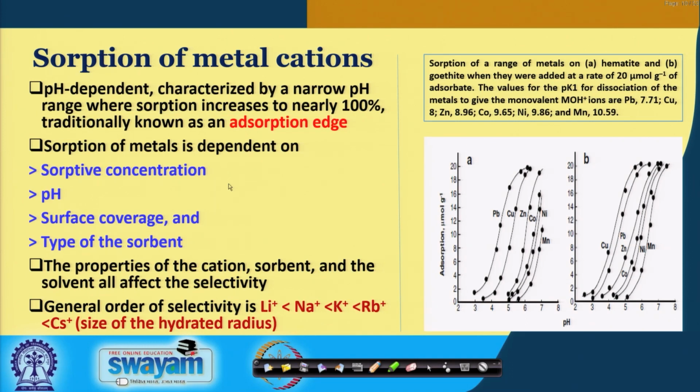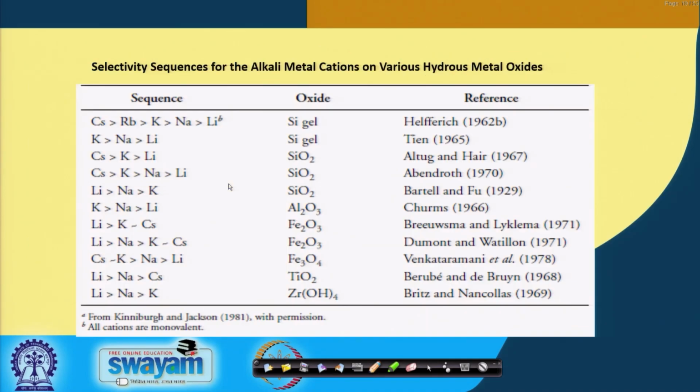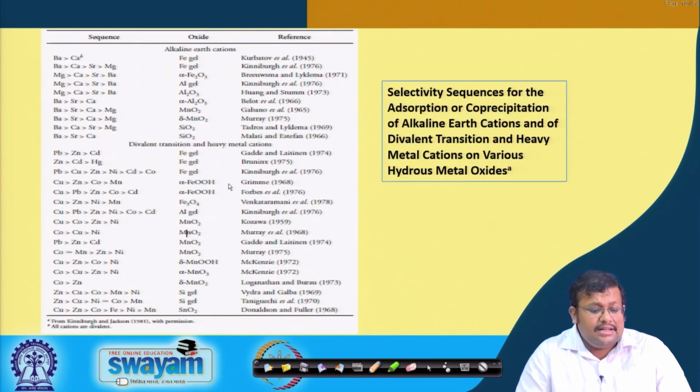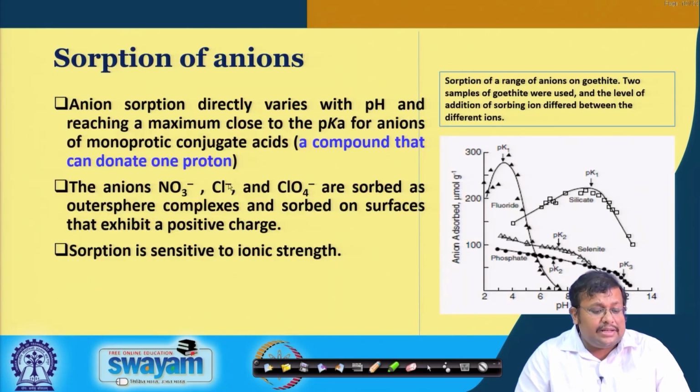It is dependent on different aspects like sorptive concentration, pH, surface coverage and type of adsorbent, and the general order of selectivity is again cesium is the lowest and lithium is the highest, because lithium has the lowest size of the hydrated radius, whereas cesium has the highest size of the hydrated radius. So, these are different selectivity sequences for the alkali metal cations and various hydrous metal oxides.